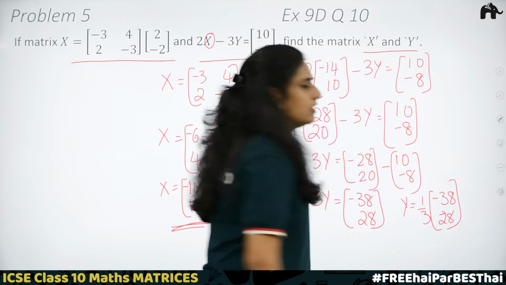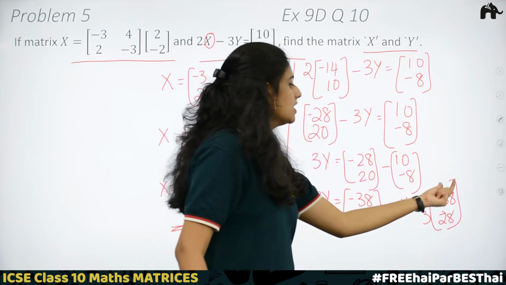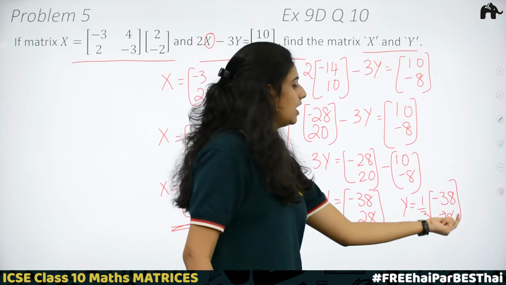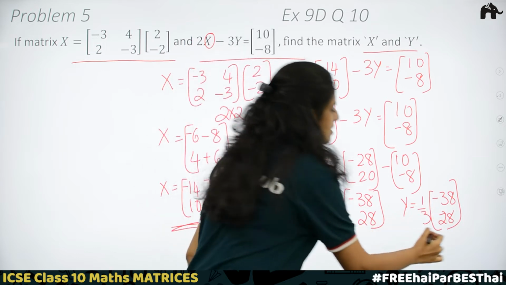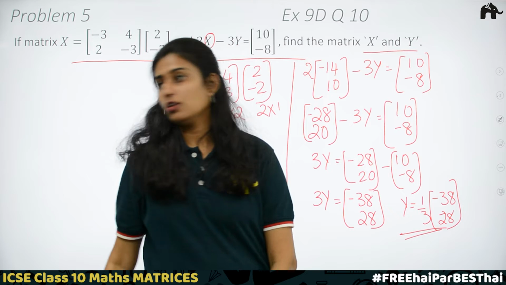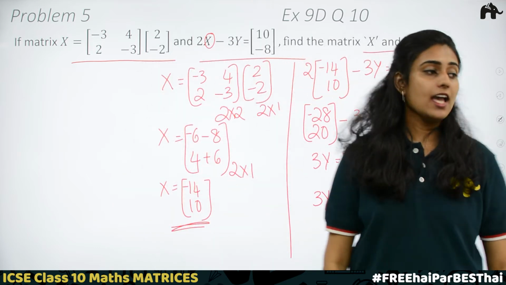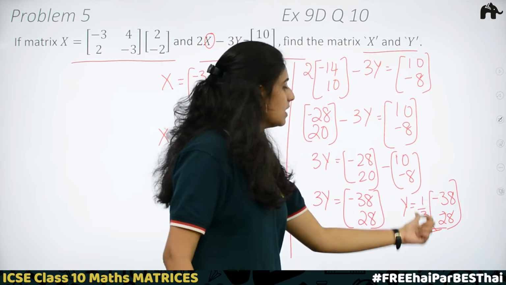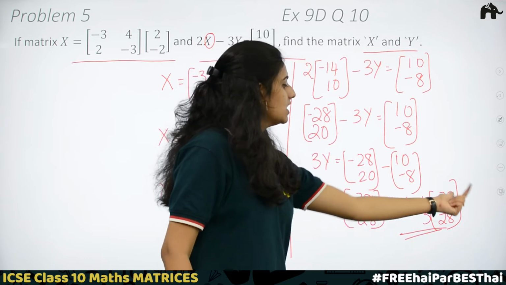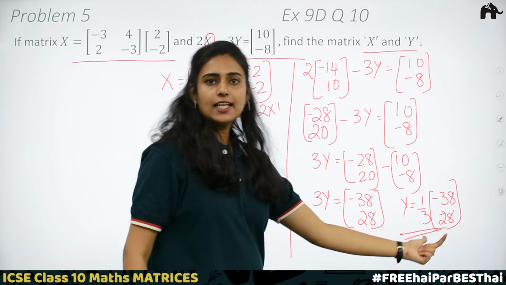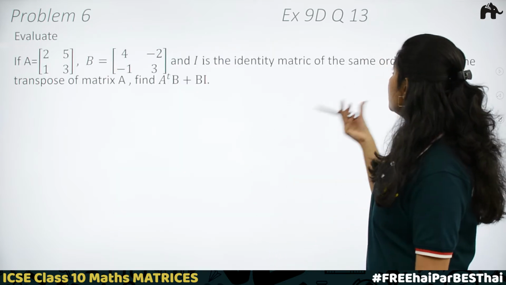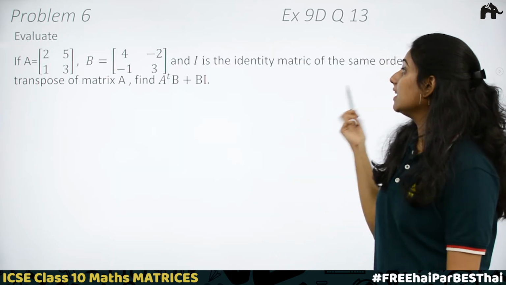Either you can write it like this or you can write it as [-38/3, 28/3]. It is actually not necessary. This is enough. We got x equal to [-14, 10] and y equal to 1/3 times the matrix [-38, 28]. Clear?